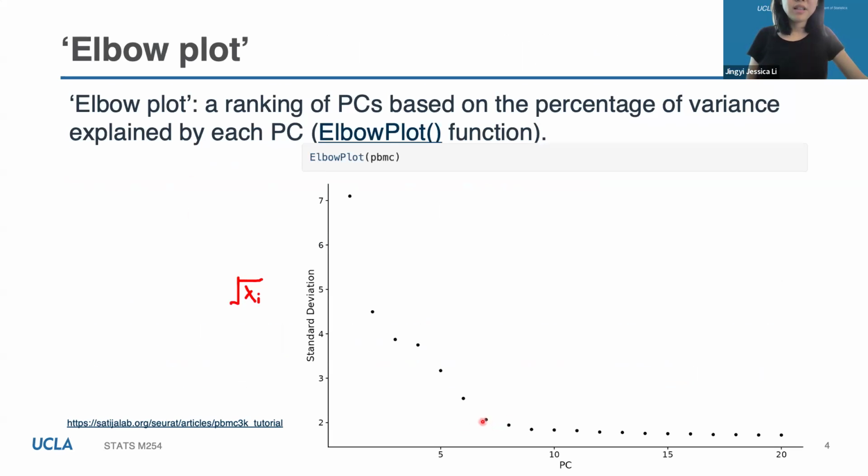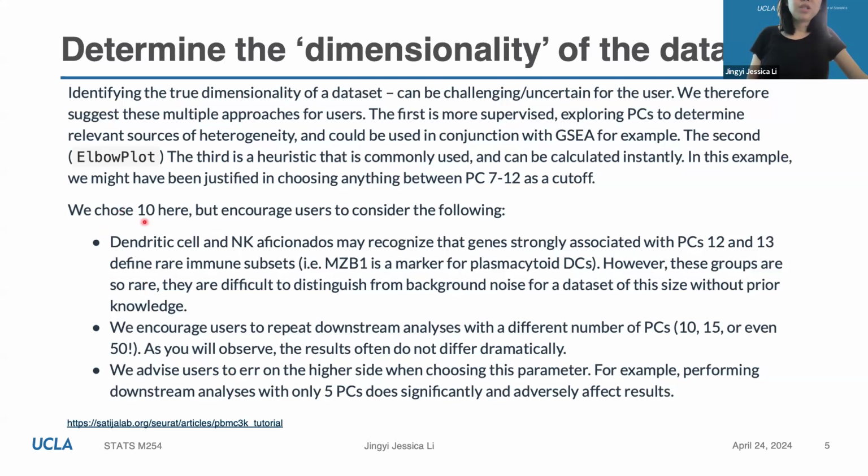So the website says from 7 to 12 can be justified, because this is where the elbow seems to be. Okay, they choose 10 here, but encourage users to consider the following: dendritic cell and NK something may recognize that genes strongly associated with PCs 12 and 3 define rare immune subsets.